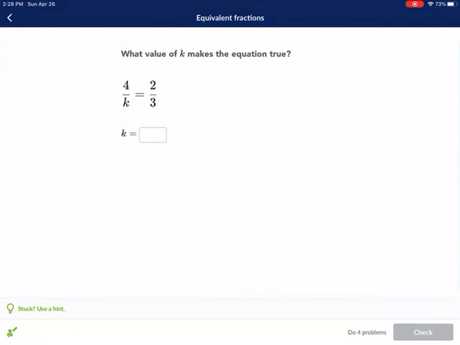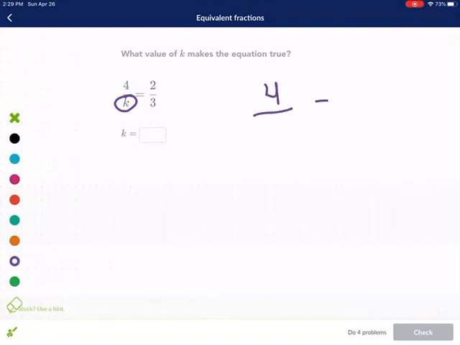Okay, what value of K makes the equation true? So we need to figure out what we should put in here. What should K be? And so I'm going to look at these like this. I'm going to rewrite it here. And I'm going to say to myself, okay, what do I need to do to this 4 to turn it into this 2?